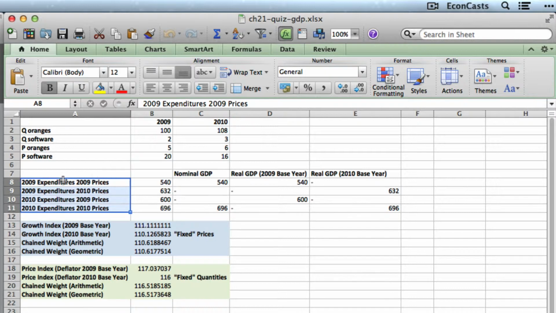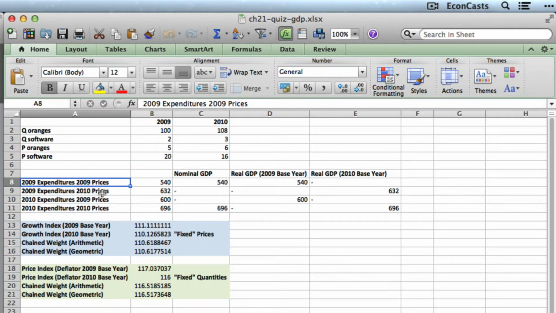So we can use 2009 quantity and 2009 prices, and we can use 2009 quantity, 2010 prices. We can use 2010 quantities, 2009 prices, and 2010 quantity and 2010 prices. So those are the 4 different combinations we have, and I have them listed here.